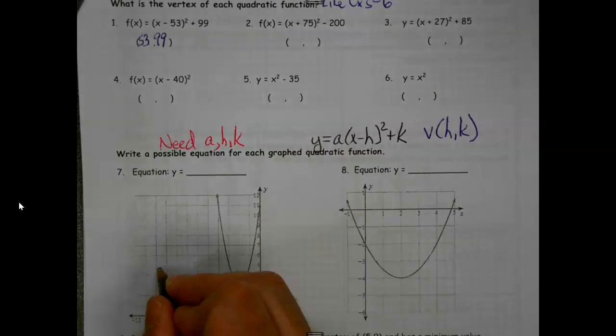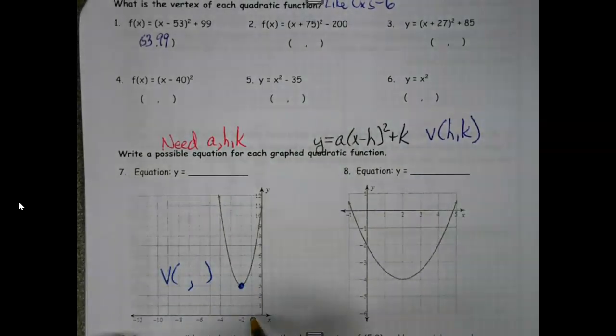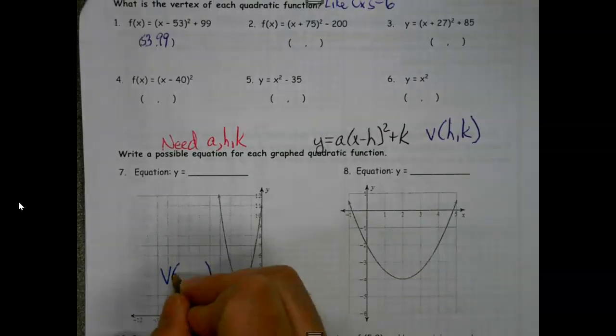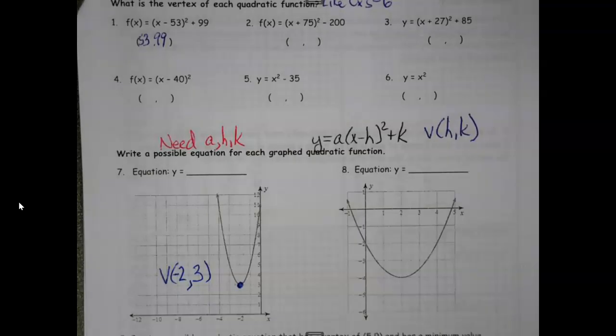So, my vertex here looks like it is at -2, 3.